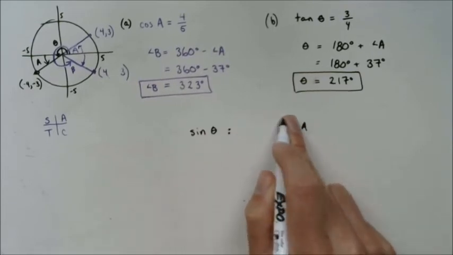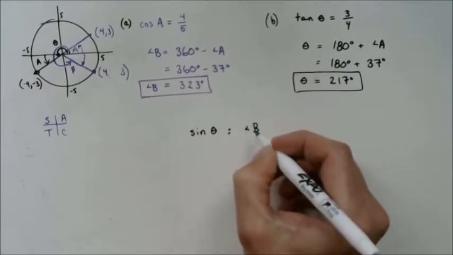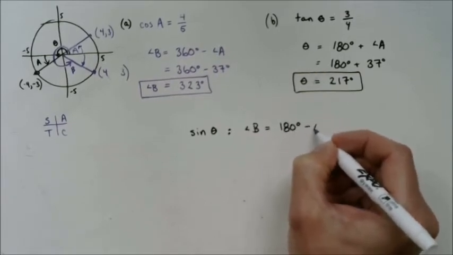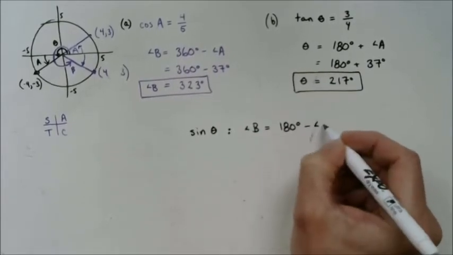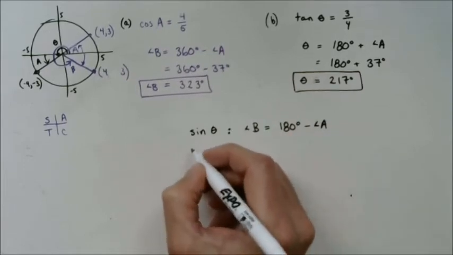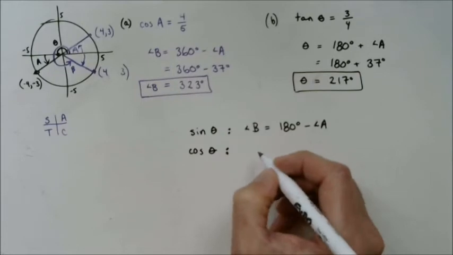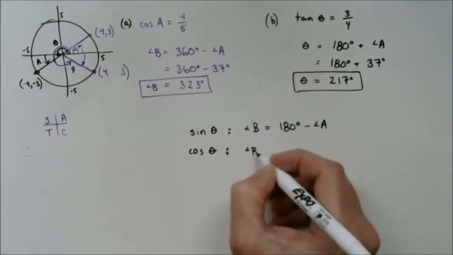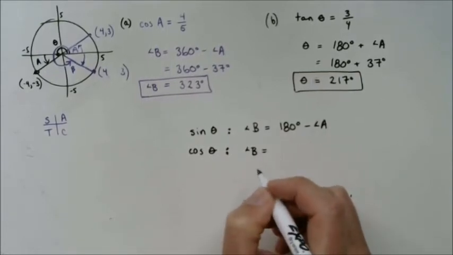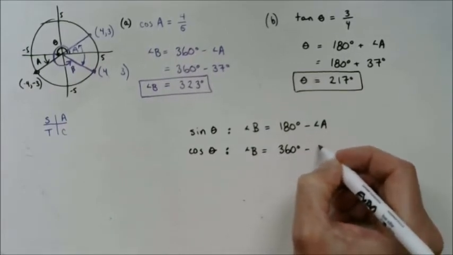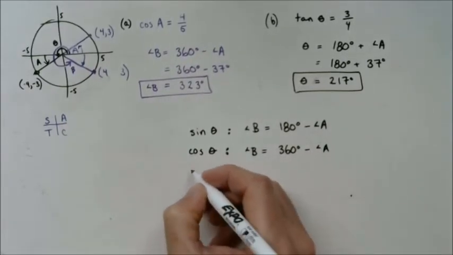I should write the measure of angle B, that's going to be your second angle, is 180 degrees minus the measure of angle A, okay? When you're working with cosine, and you've already found angle A, and you need to find a second angle, it's 360 degrees minus the measure of your first angle.